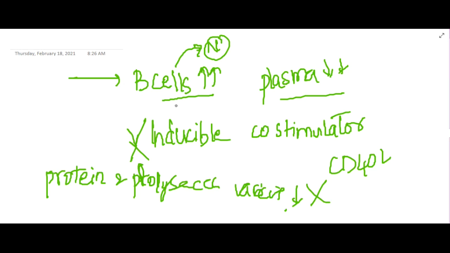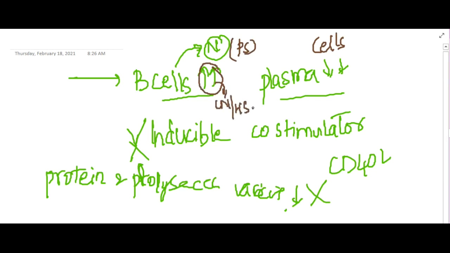In the peripheral smear, B cells will be normal, because the increased B cells are accumulated in the lymph nodes, liver and spleen, and plasma cells will be decreased. The inducible co-stimulator, that is CD40 ligand, is also absent. In these patients, there are impaired responses to both protein and polysaccharide vaccines. So this is about common variable immunodeficiency.